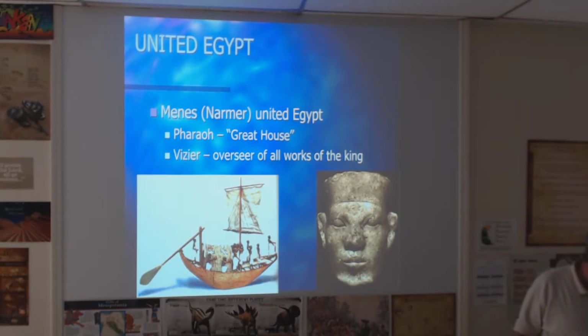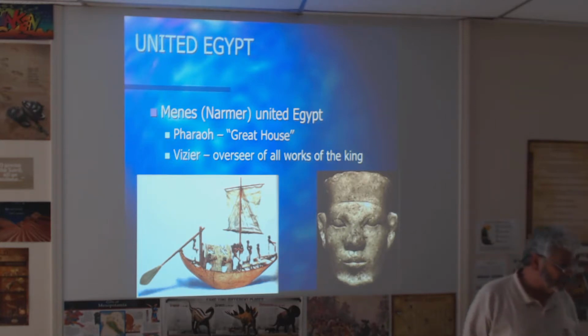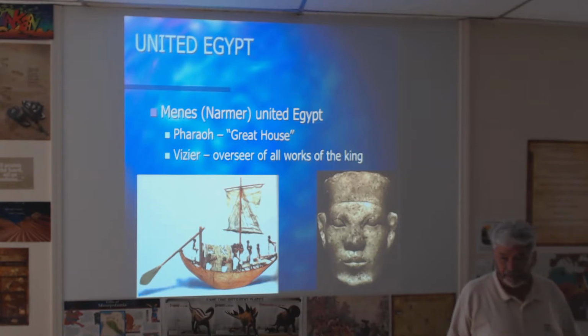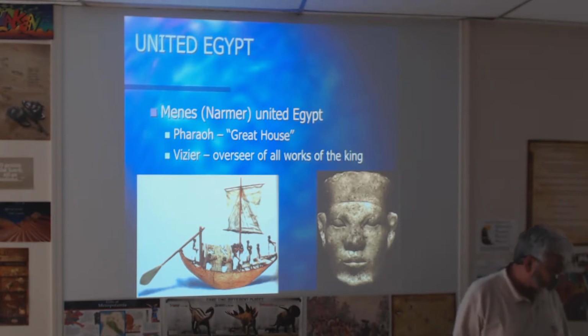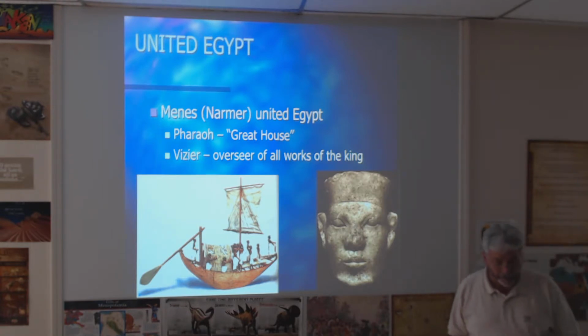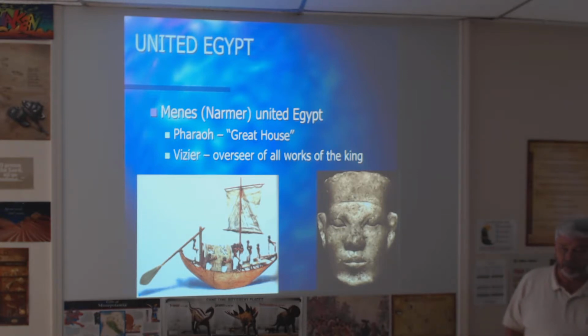Now, I point that out to you because so often when we see pictures of Egyptians or we see movies about Egyptians, they're pretty white-skinned or light-skinned at least, maybe even brown. But in reality, the ancient Egyptians were black. And you can tell that maybe from some of the statues and hieroglyphics that we have.